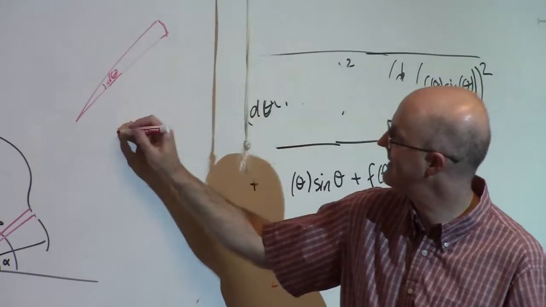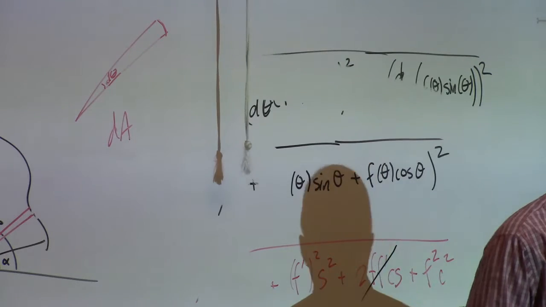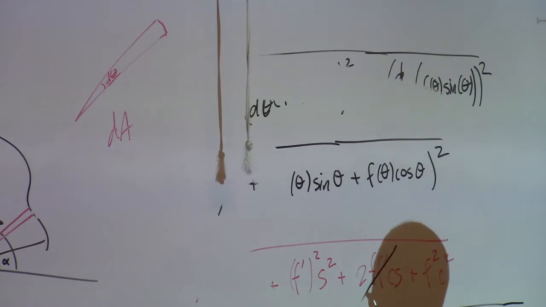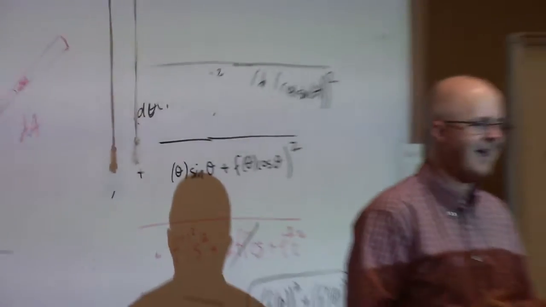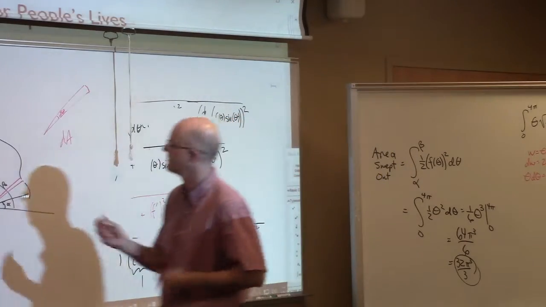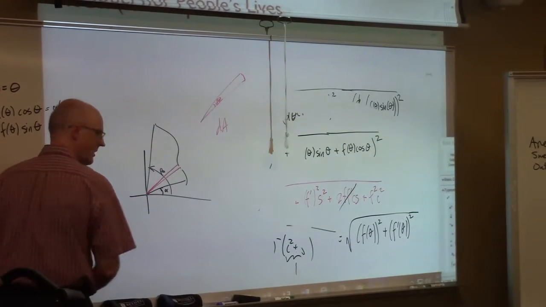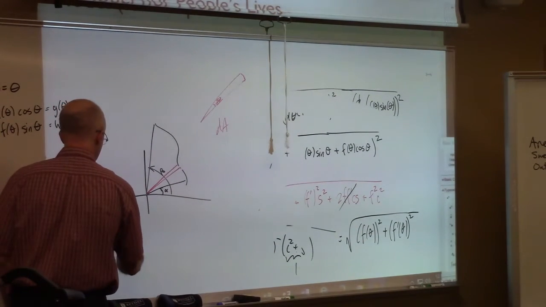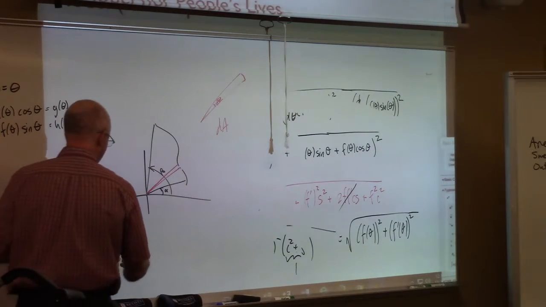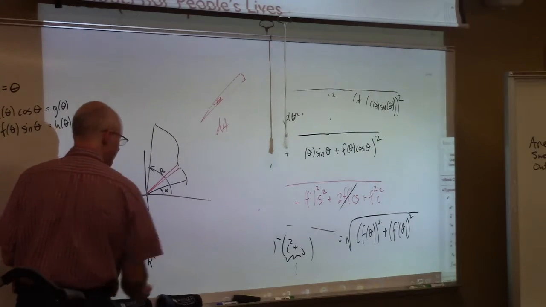And so you want to find the infinitesimal area of this arc. How do you find the area of an arc of a circle? A circle of radius capital R has area pi r squared, which can be thought of as 1/2 times 2 pi times r squared.